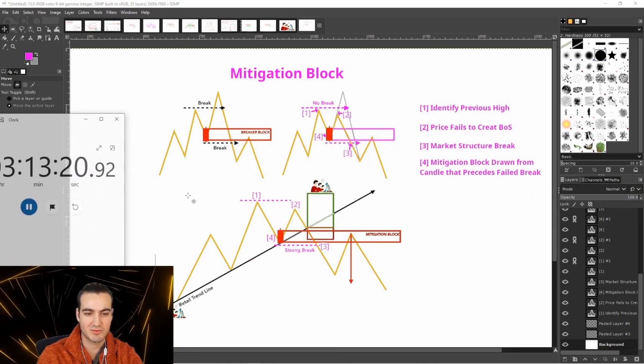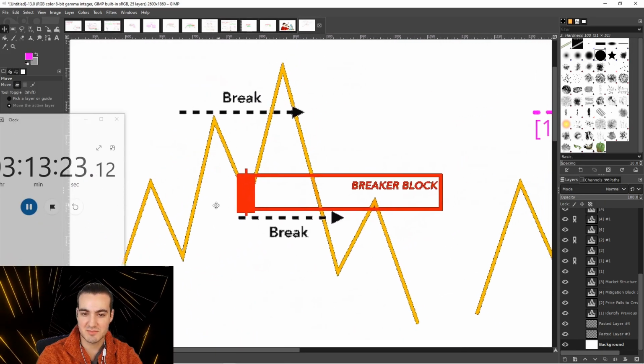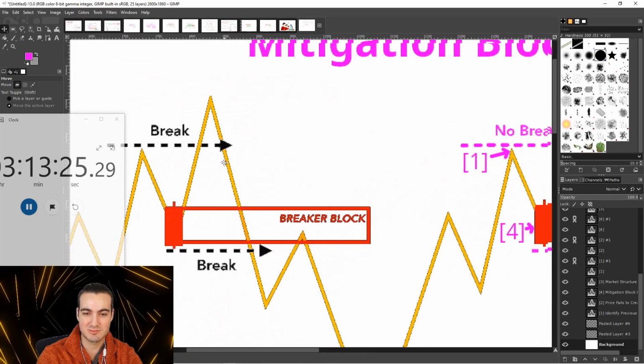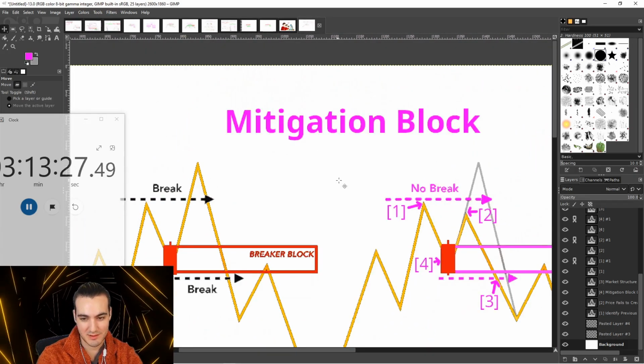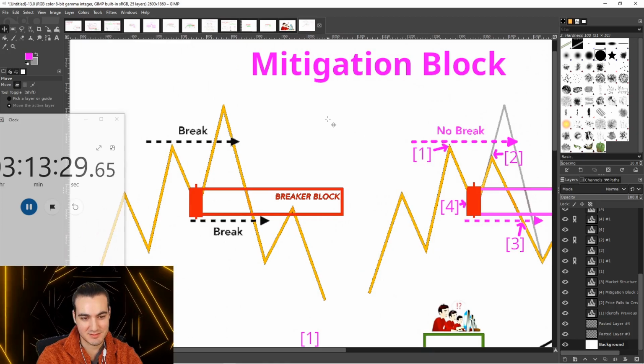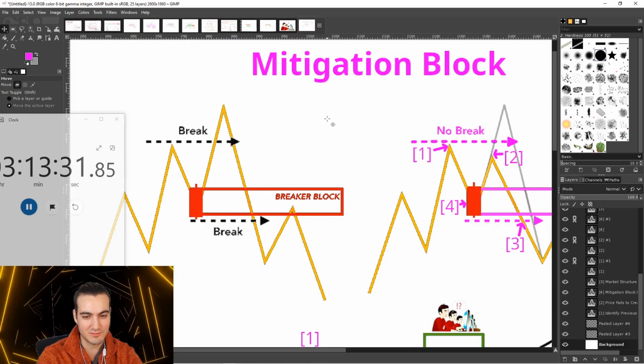I'll run through this real quick. The concept of a mitigation block is pretty simple. It's basically a failed breaker block.